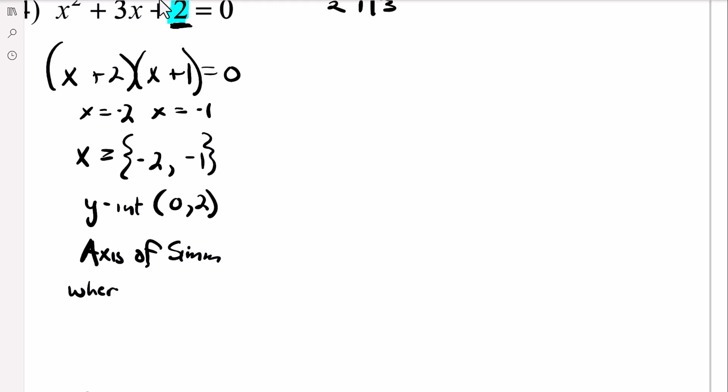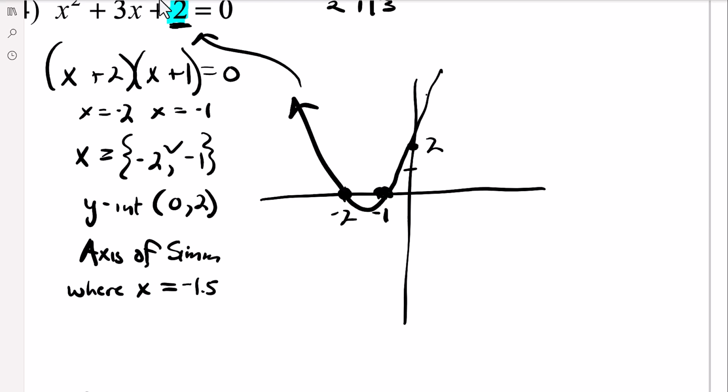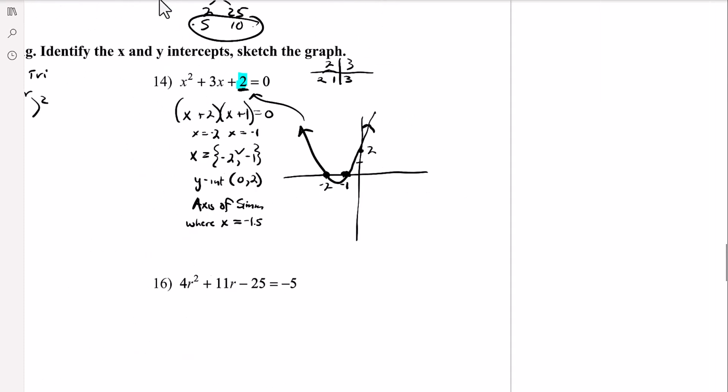And that's just halfway between the two roots. That would be negative 1.5. So we have enough information. We know where it's touching the y-axis at positive 2. We know what the two roots are, negative 2, negative 1. It's going to look something about like that.